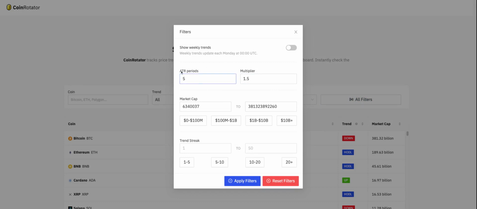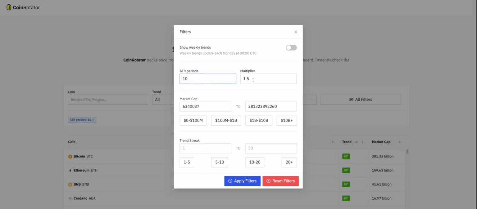So this is using our super trend indicator. Our default is much faster than what you'll find if you're using TradingView indicators. TradingView indicators are usually 10 and 3. This is a slight variation for what we do.